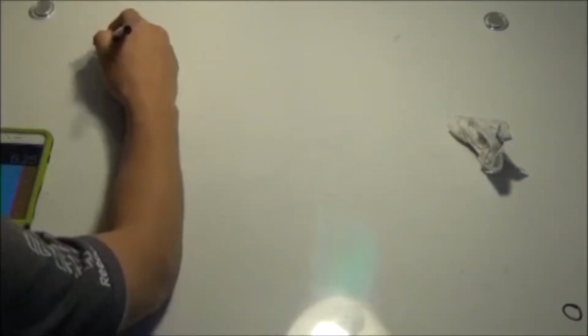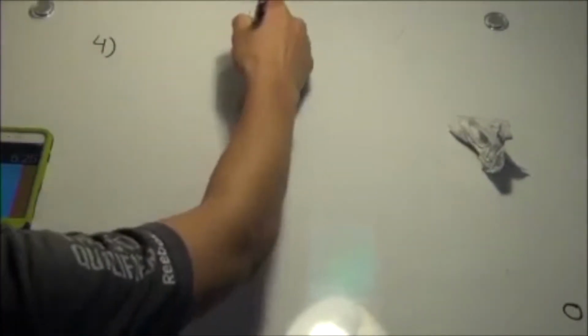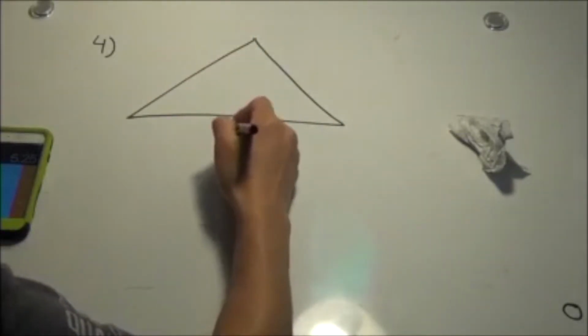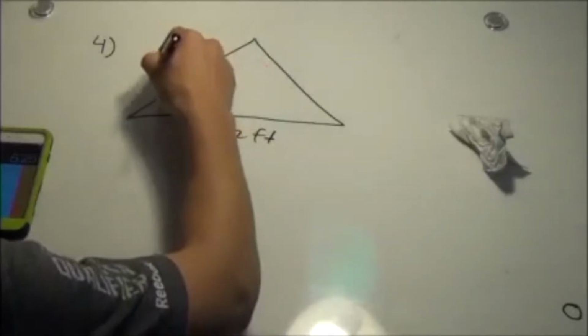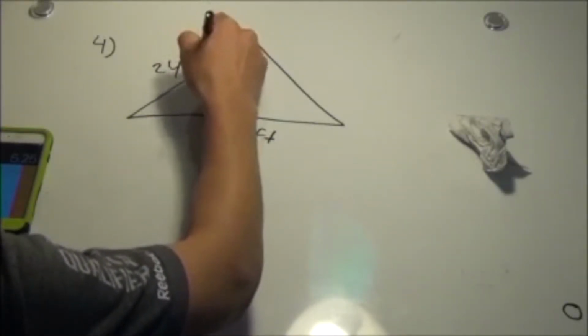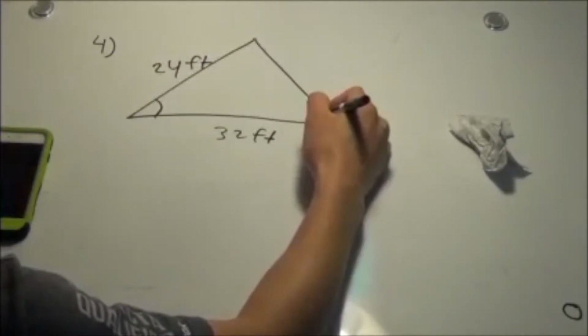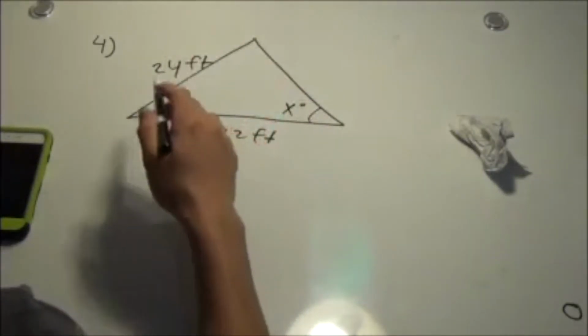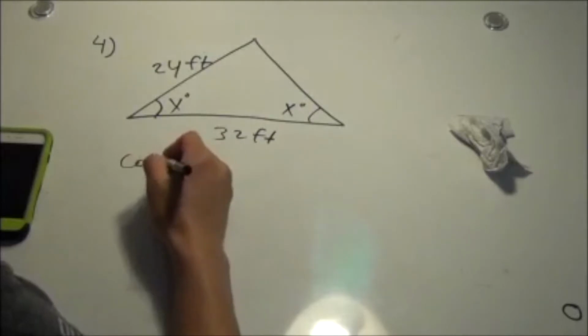Number 4 is a geometry problem. We have a triangle that looks like this, and we know that this is 32 feet, this is 24 feet. We know that those two angles are the same, which tells us this is an isosceles triangle, and we're asking for the cosine of x.